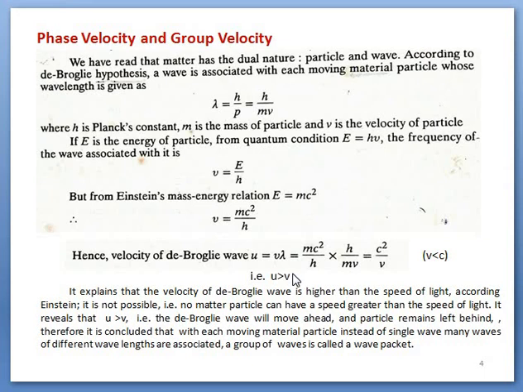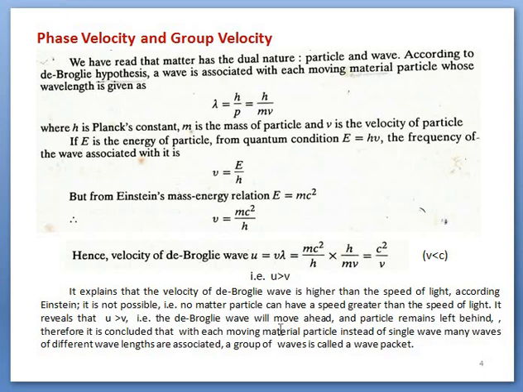But according to the de Broglie concept, a wave must always be associated with a matter particle. But here we find that the wave is moving ahead and the particle is just remaining behind. So finally, it is concluded that a single wave is not associated with a moving matter particle. Instead, many waves are associated with that particle. Few waves can move ahead, few will be associated with that one, and few remain back.